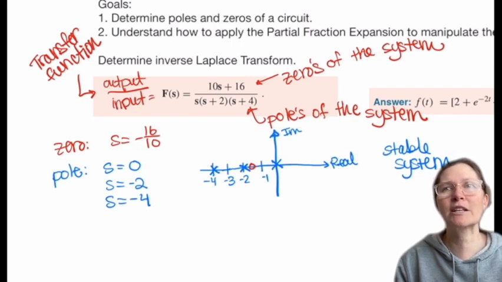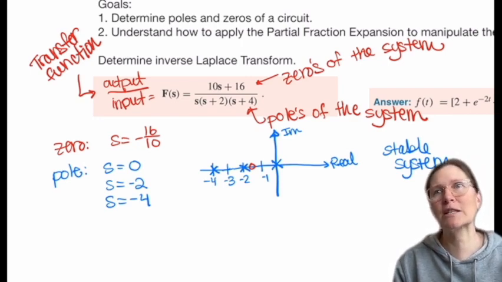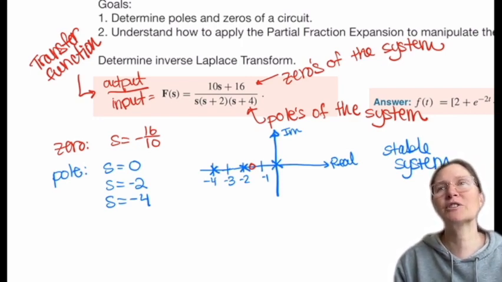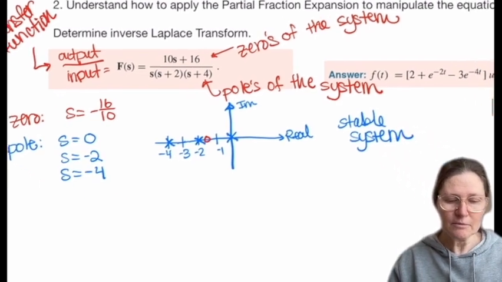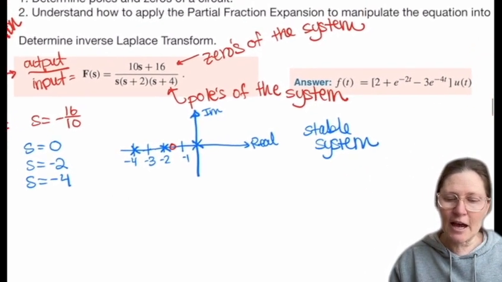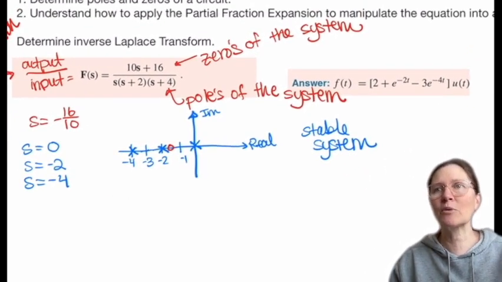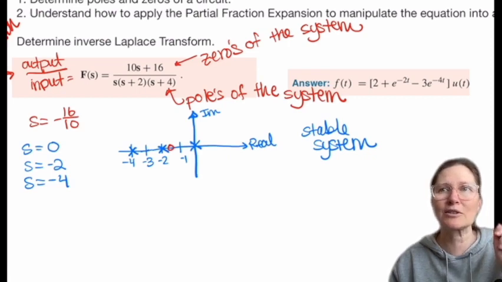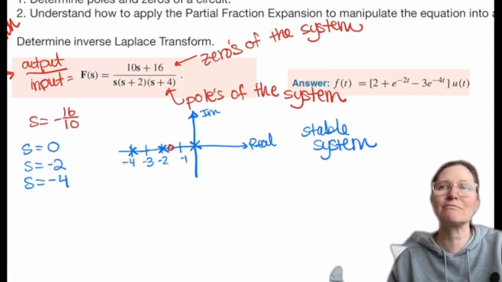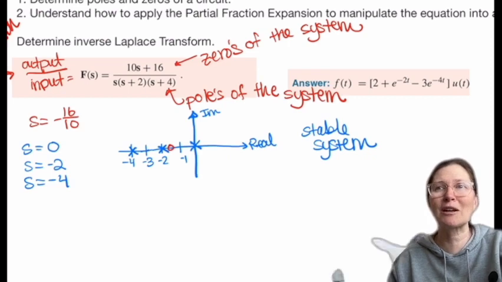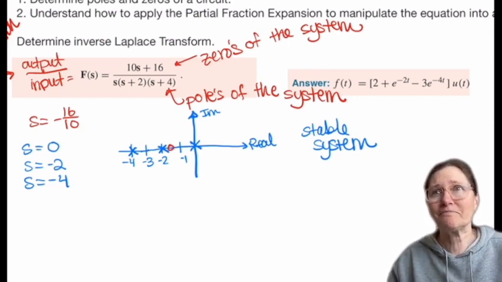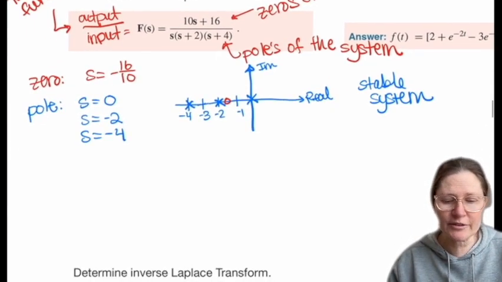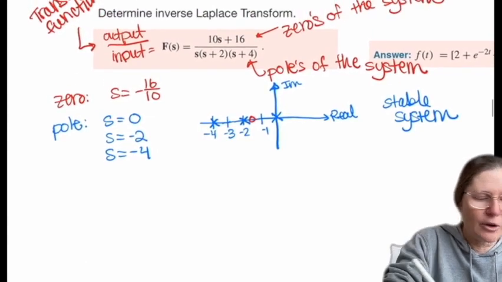From there, you can identify the zeros and poles of the system, and then we want to transfer this back into the time domain to see what the output time domain signal should look like. We would take the input to the S domain, multiply it, and then transfer it back.